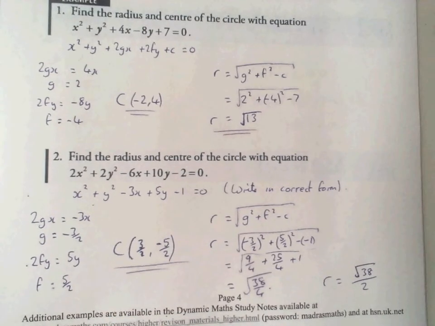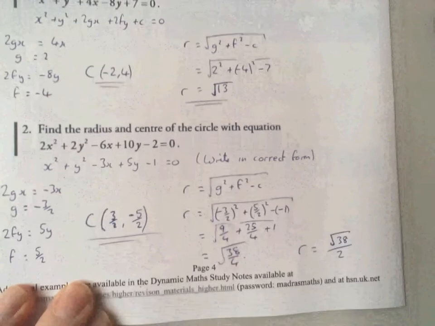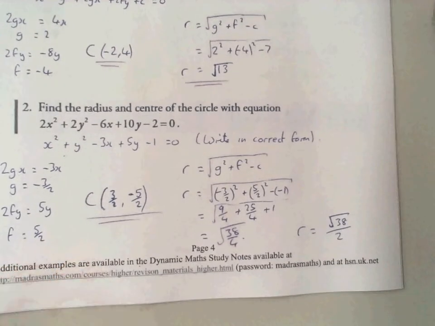Remember, the centre is given by negative g, comma negative f, so the centre will be the negative of negative 3 over 2, so it will be positive 3 over 2, comma negative 5 over 2. And the radius, g squared plus f squared minus c. So squaring negative 3 over 2 squared, squaring 5 over 2 squared, remember top times top, bottom times bottom.